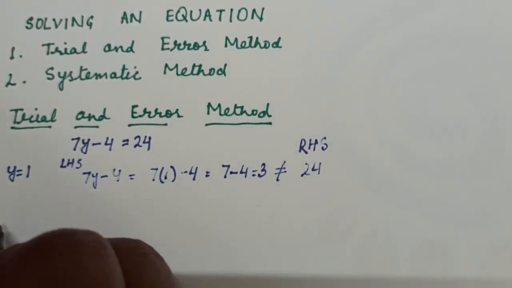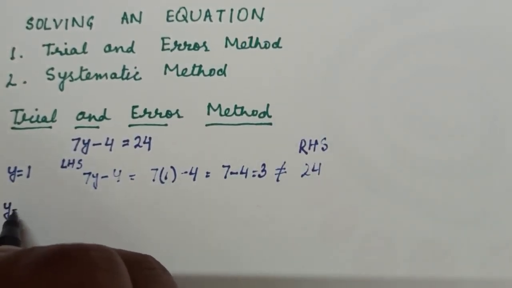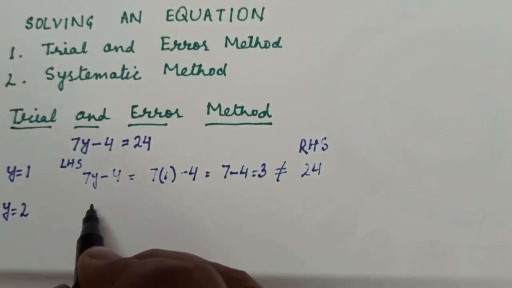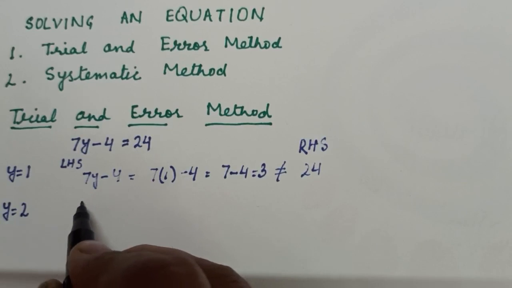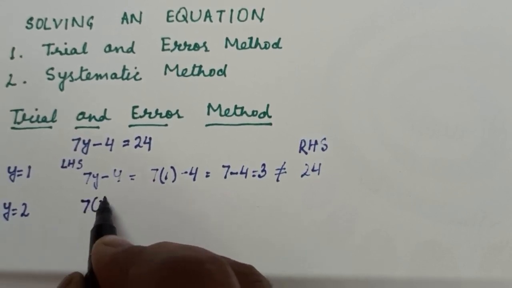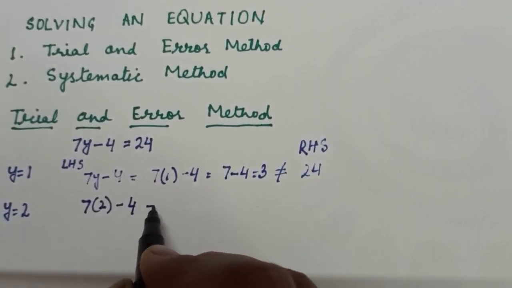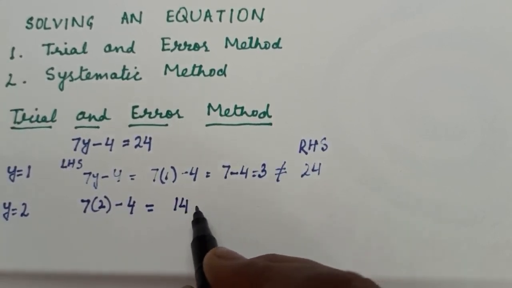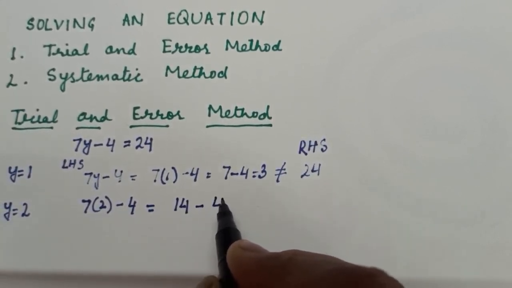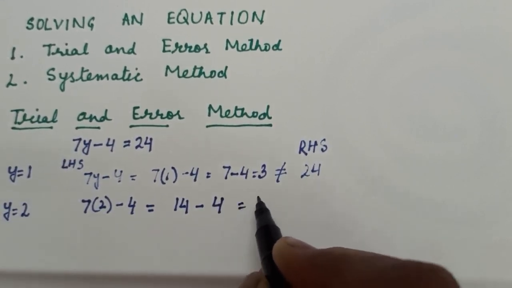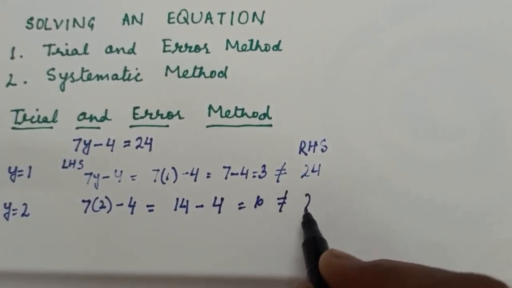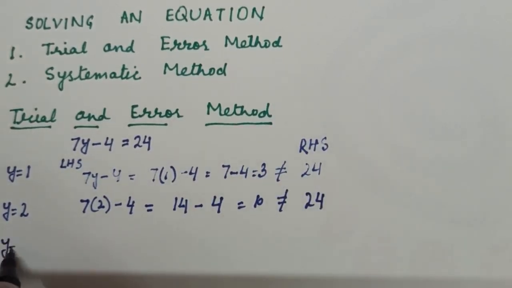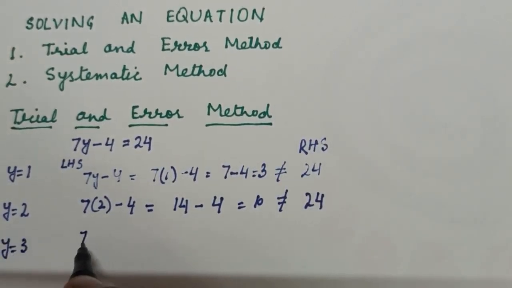So we will try the next value. Let us try y is equal to 2. When we put y is equal to 2 in 7y minus 4, we get 14 minus 4 is equal to 10. That is also not equal to the right hand side, 24.